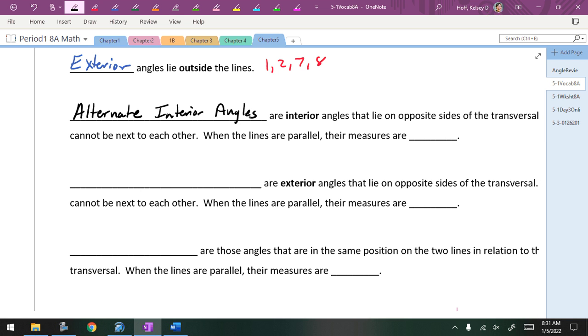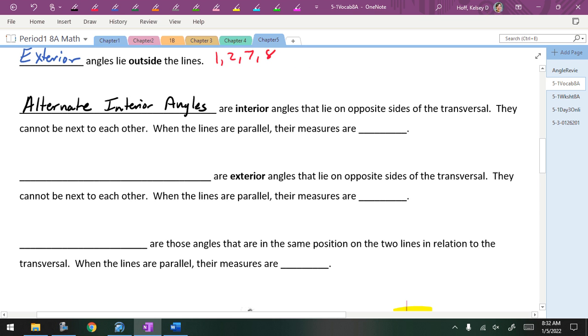Alternate interior angles. They're interior, so they're inside, they're on opposite sides of that transversal, and they are not next to one another. When the lines are parallel, their measures are equal.